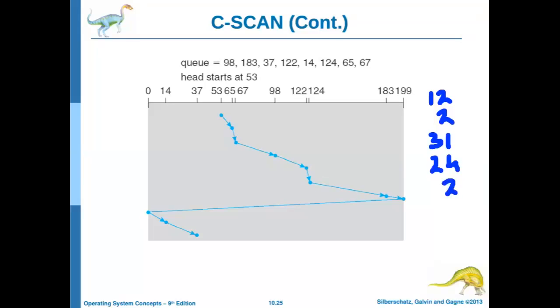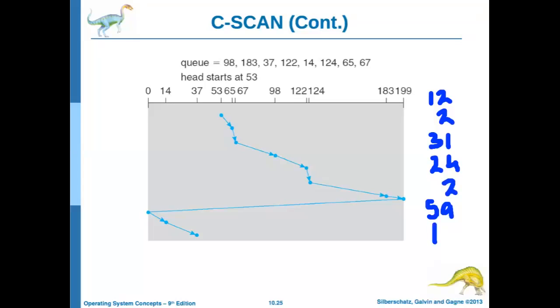Now 124 to 183. So 183 minus 124 gives us 59. And 183 to 199 is 16.